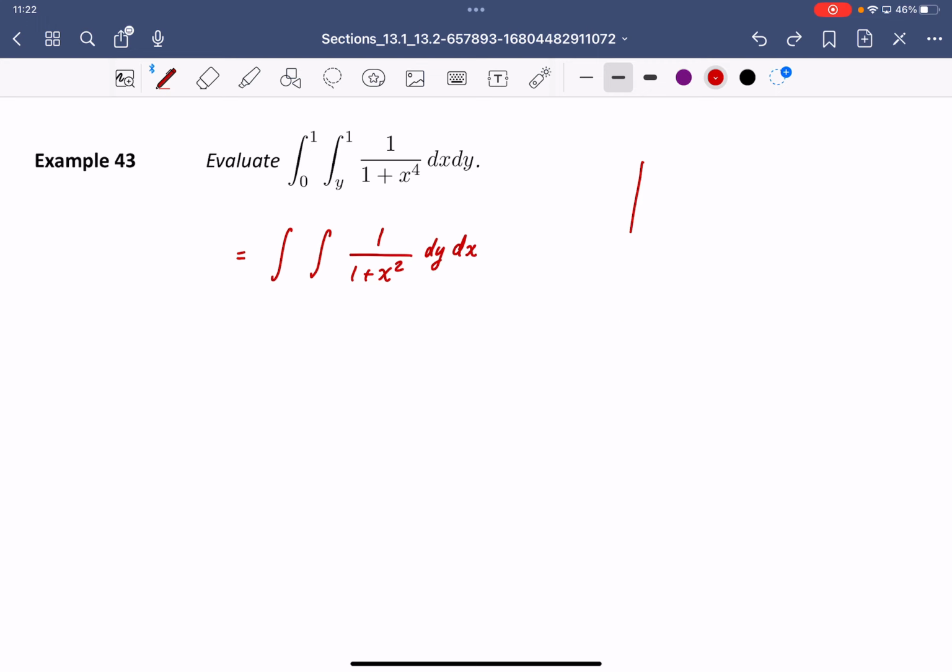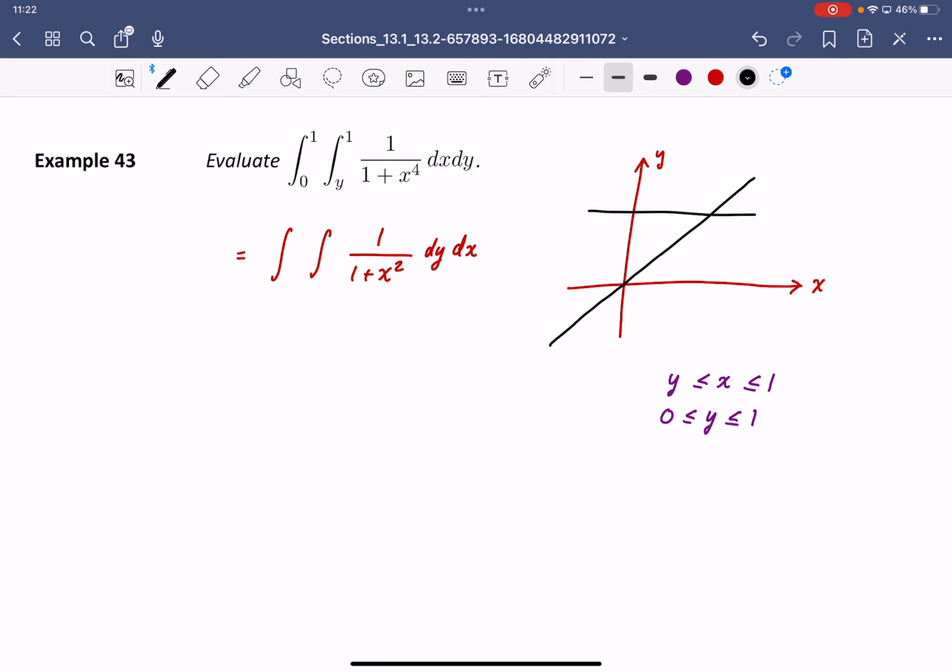And then you draw the picture. x is going to start from y to 1, so x is between y and 1, and then y is going to be from 0 to 1.